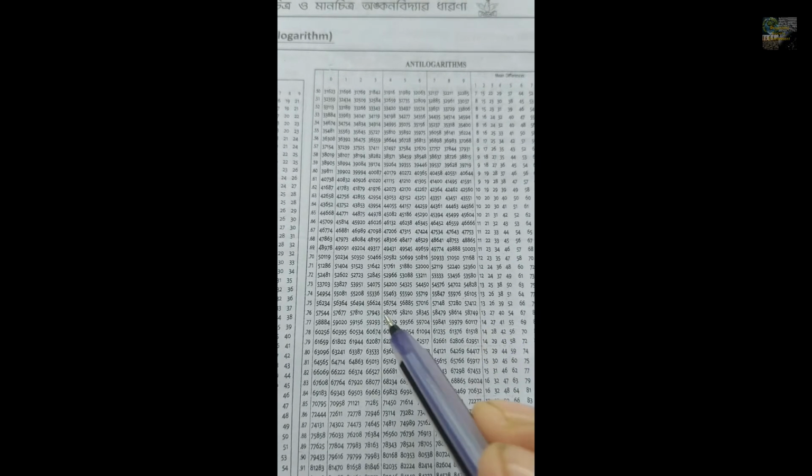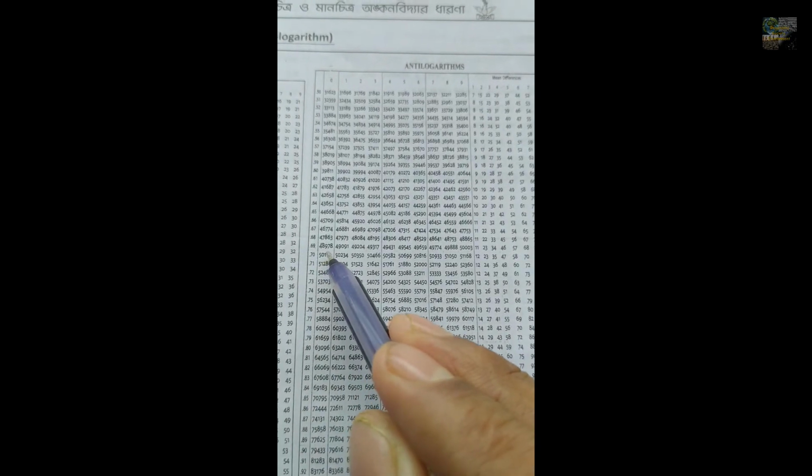In the same row I am going to find the mean difference, which is shown on the right-hand side, 2. So the mean difference is 2, and for 69 the mean difference is 23. You can see that 23 is the mean difference.